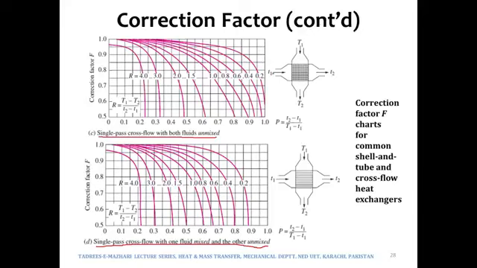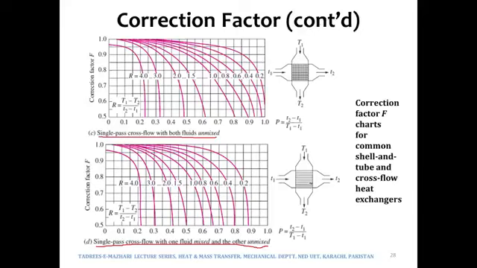So we can see over here that both the fluids which are unmixed have been shown in this way. So of course, small t1 and small t2 would be the inlet and exit temperature of one fluid, and capital T1, capital T2 would be the inlet and exit temperatures of the other fluid.